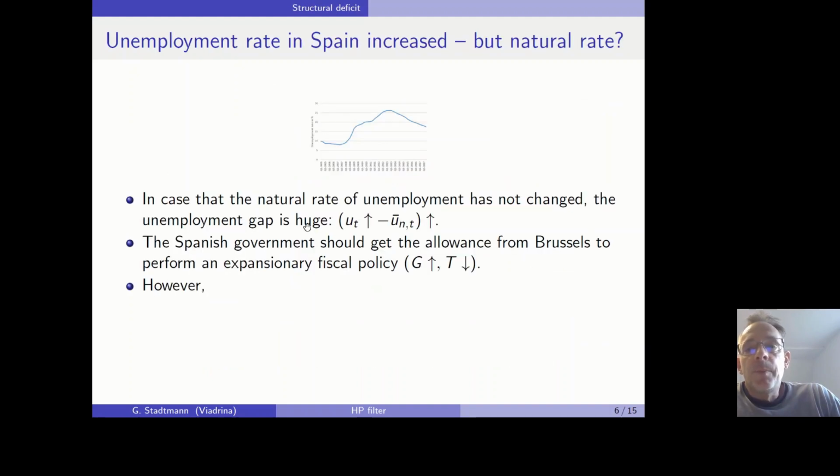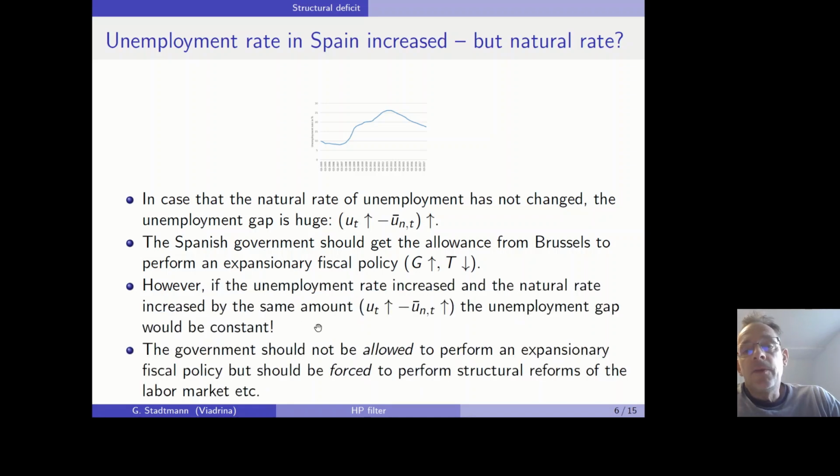So the big question is, how large is the unemployment gap? In case that the natural rate of unemployment has not changed at all, but only the realized unemployment rate has increased, then the unemployment gap would be huge. And in this case, the Spanish government should get the allowance from Brussels to perform an expansionary fiscal policy.